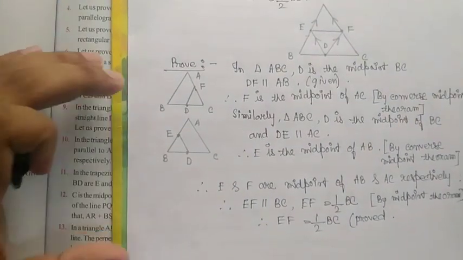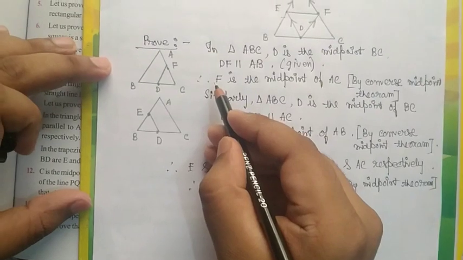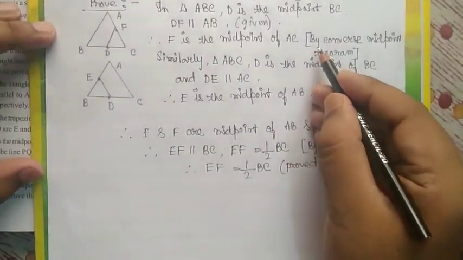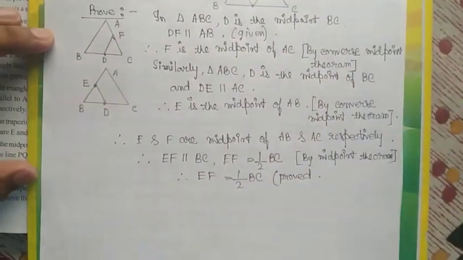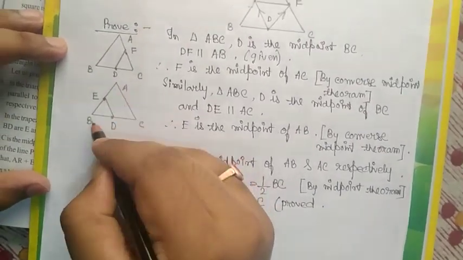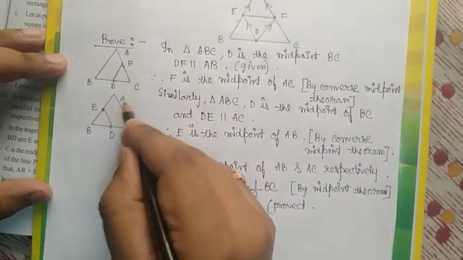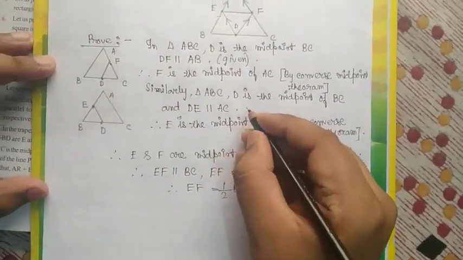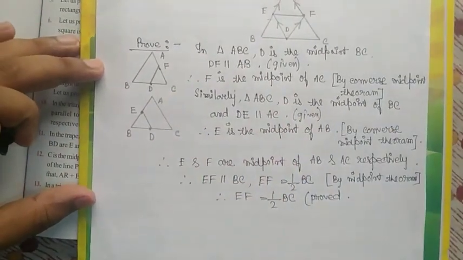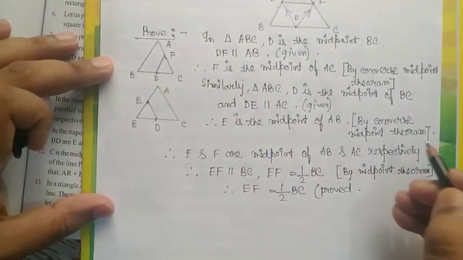So according to the theorem 21, which is known as converse midpoint theorem, we can say that F is the midpoint of AC, and you have to write by converse midpoint theorem. After that, similarly, in this triangle ABC, D is the midpoint of BC and ED is parallel to AC. Both of these are given. So therefore, by converse midpoint theorem, we can write E is the midpoint of AB.